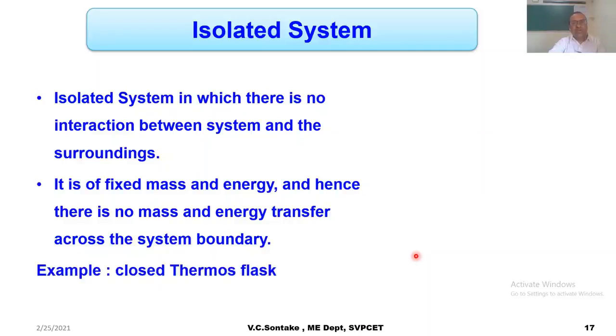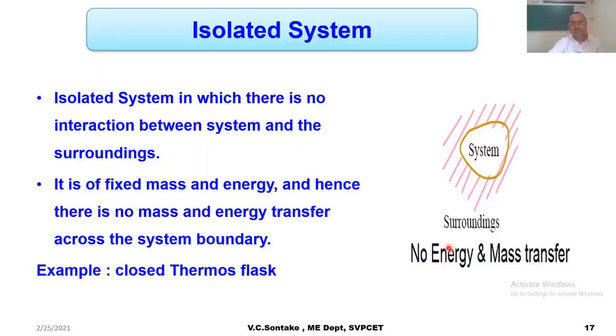A closed thermal flask is the example of an isolated system. Now in real practice, no system can behave as an isolated system and practically there is no utility of an isolated system.